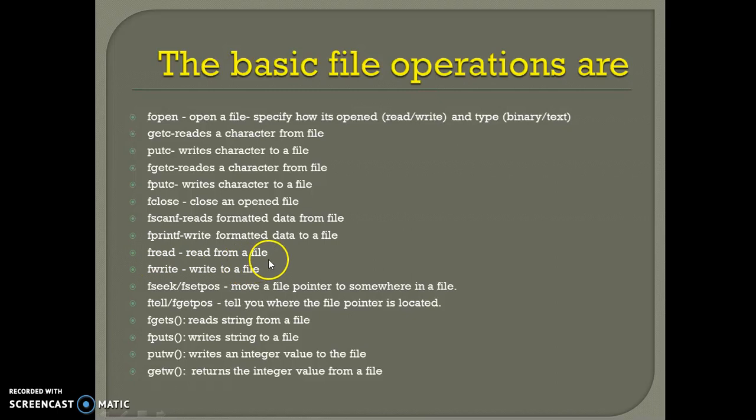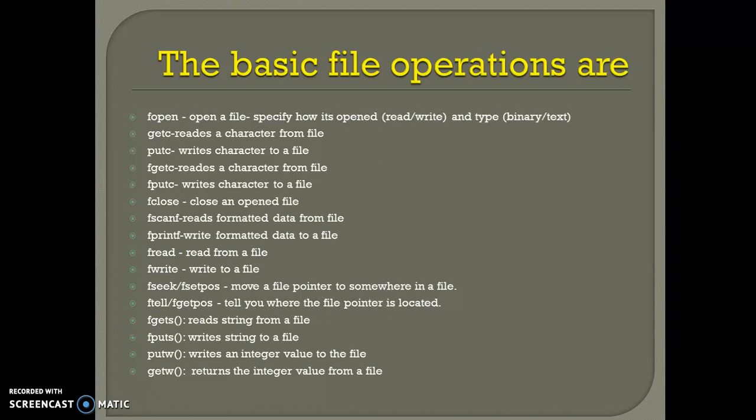In fread, we'll read one record from a file, and using fwrite, we will write one record into a file. In previous lectures, we read one character from a file and wrote one character into a file.